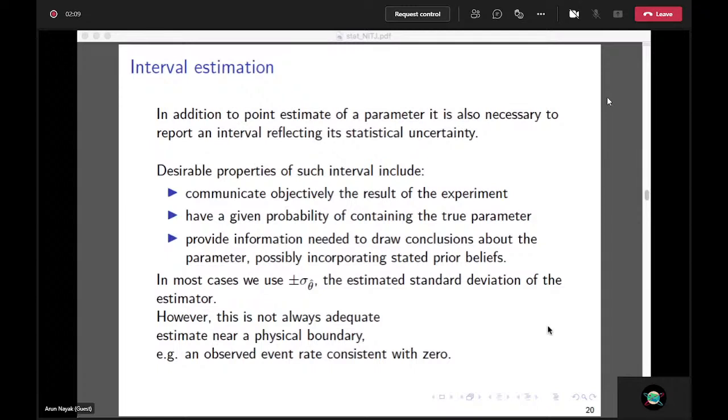So what I was saying is that you had lectures about parameter estimation using maximum likelihood fit or the least square method. When you do parameter estimation, you also probably have learned how to calculate their uncertainties, right?